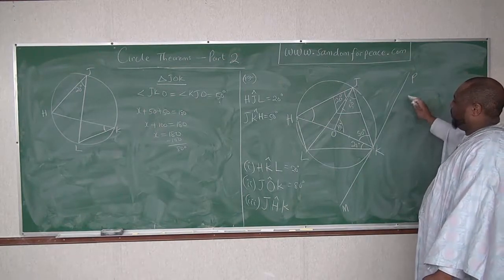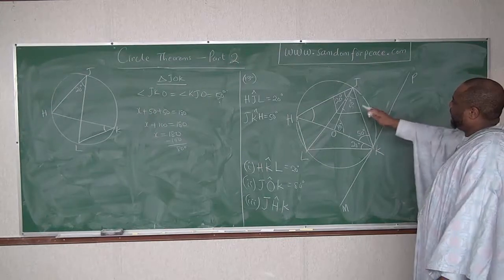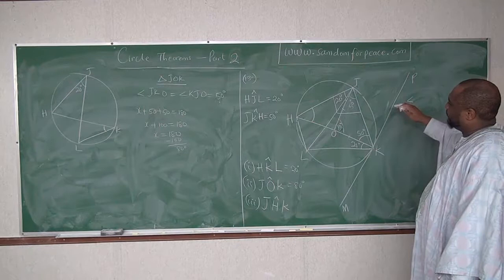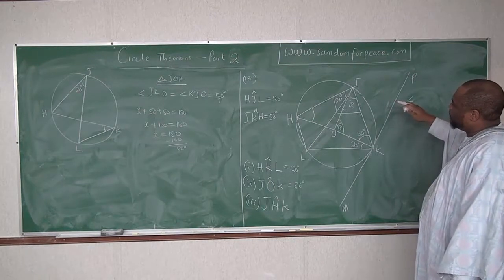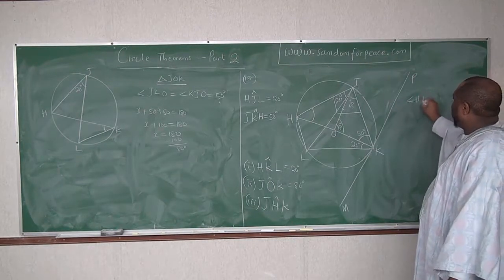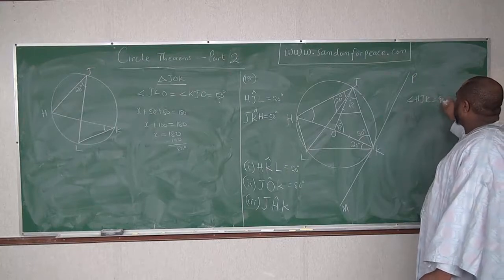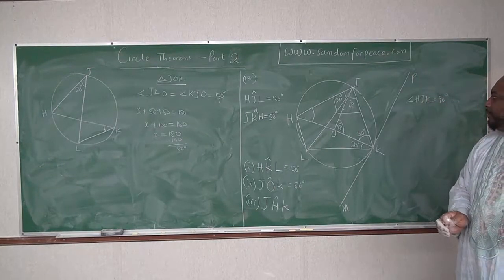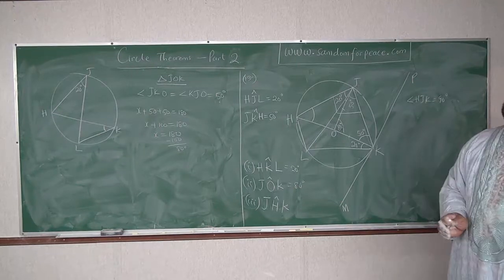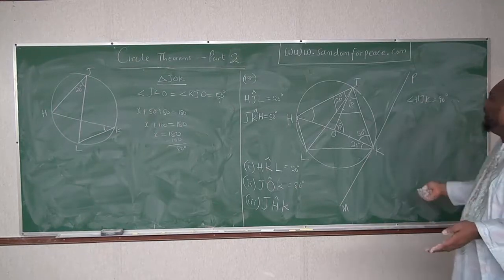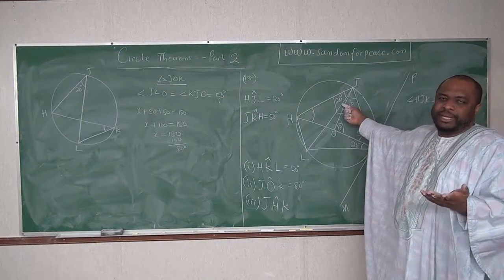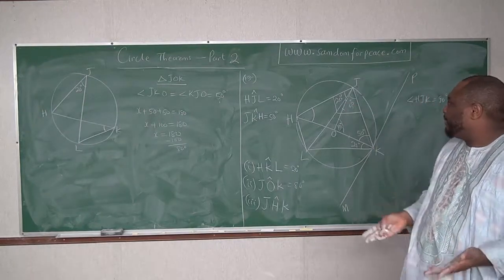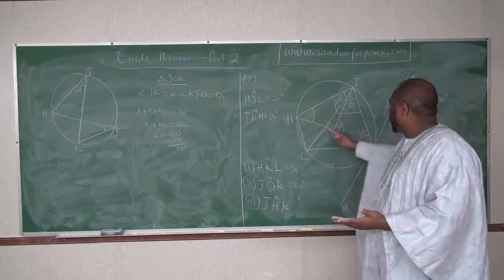We just say angle HJK is 90 degrees. Reason: angle in a semicircle. So this small angle here would be 20, but we don't really need it, because they're asking for JHK.